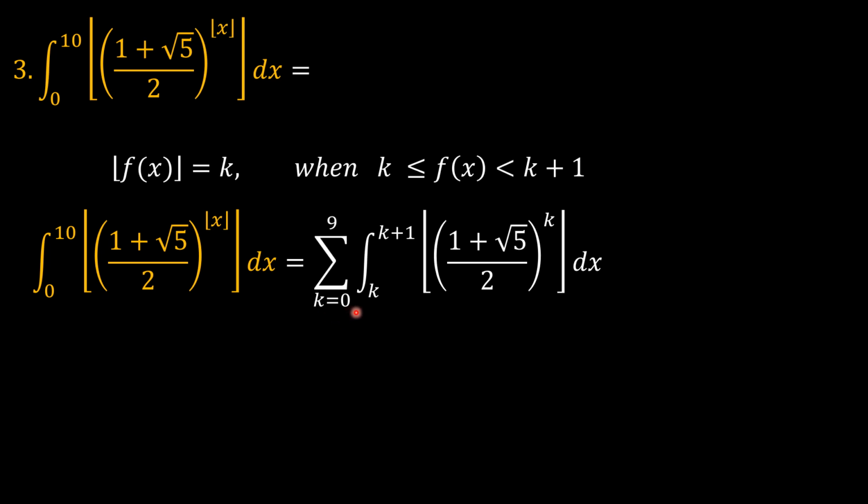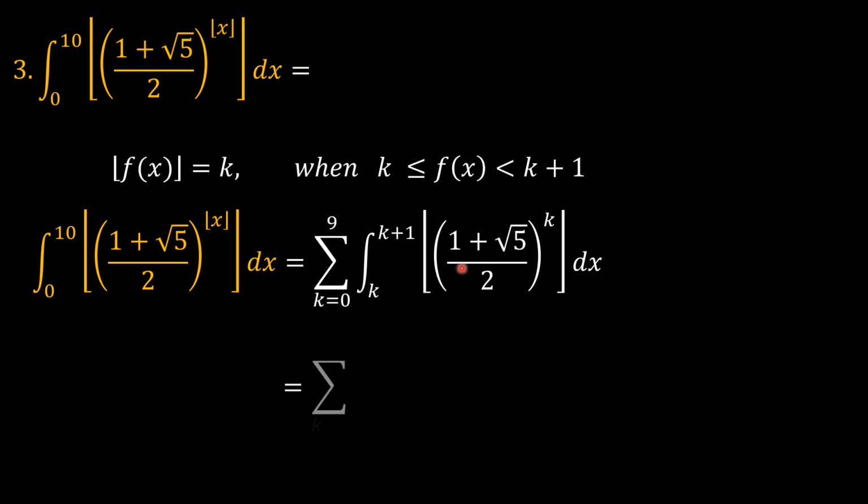In that event, we're integrating from k to k plus 1, and that goes all the way up to 9, because from 9 to 10, 10 is our limit. The entire value of the floor is going to be k, which equals 9. And so that's what our problem has become.